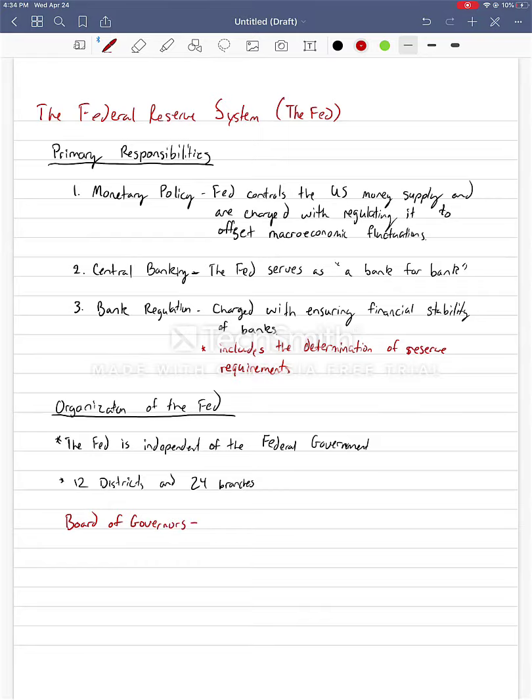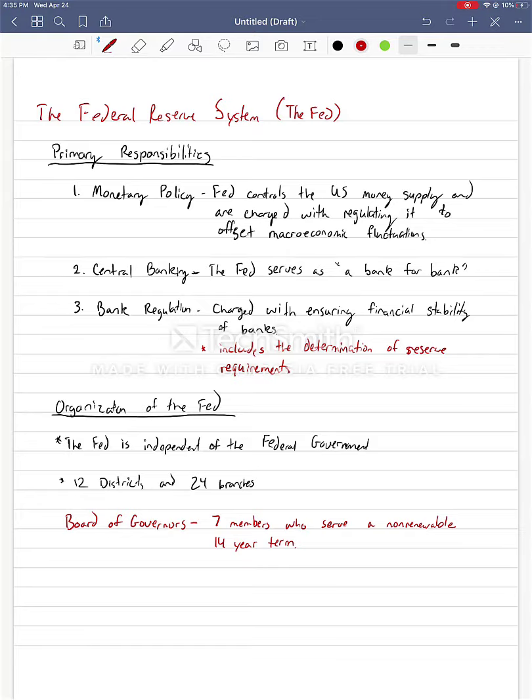The Board of Governors consists of 7 members appointed by the President and confirmed by the Senate to serve a non-renewable 14-year term.